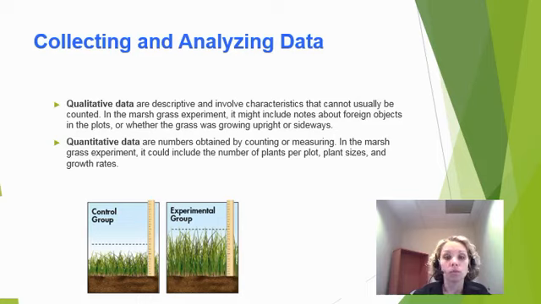Well, what's tall to one person might not be very tall to another. Quantitative data, on the other hand, we're using numbers. We're counting, we're measuring. Now, quantitative data may be that the experimental group grass grew 12 centimeters. We're giving it a quantity, a number. That's the difference between those two types of data.